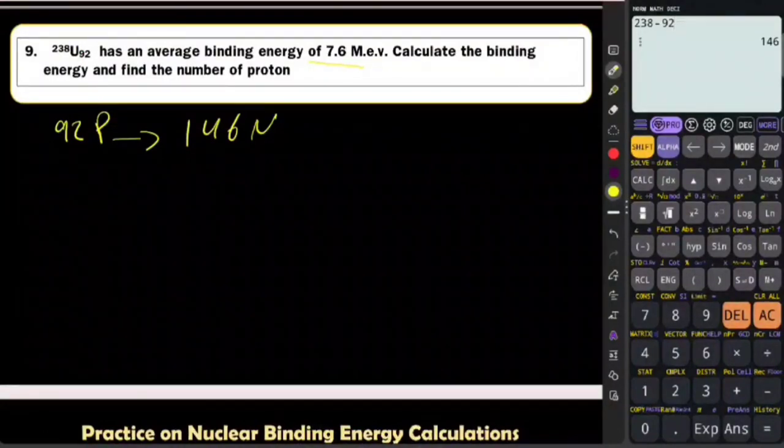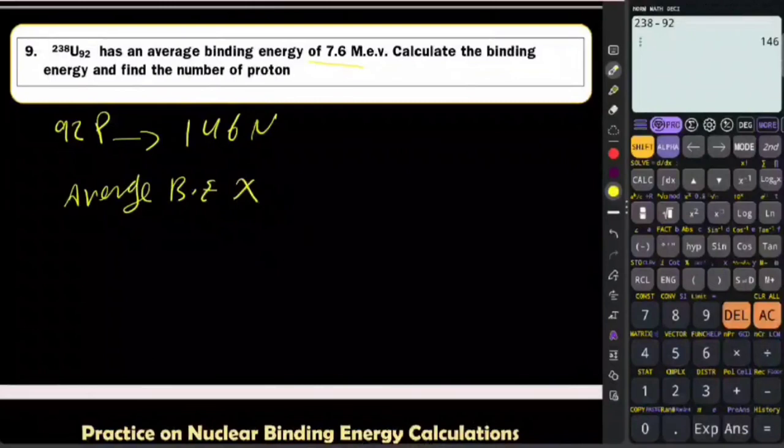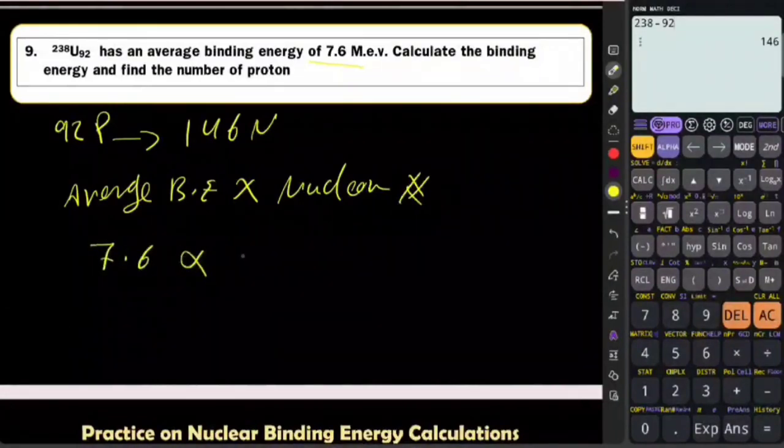The binding energy is going to be the average binding energy times the nucleon number. Nucleon number, in this case, going to be 7.6 times 238.